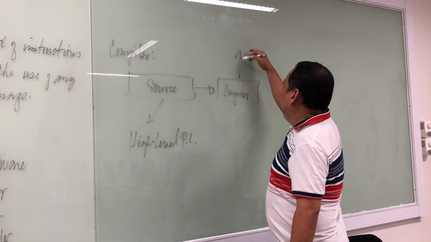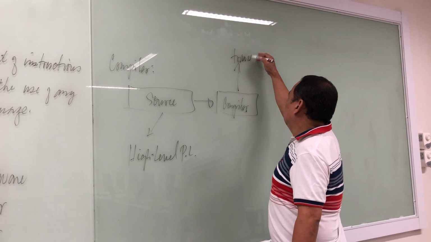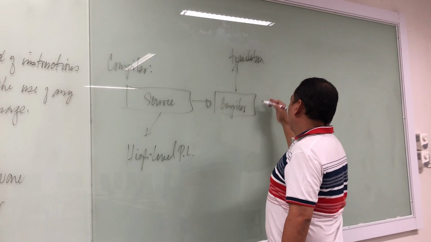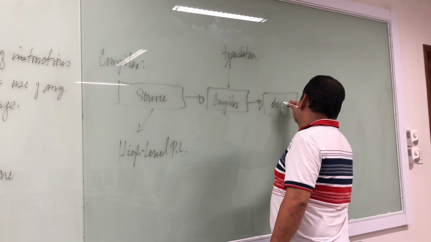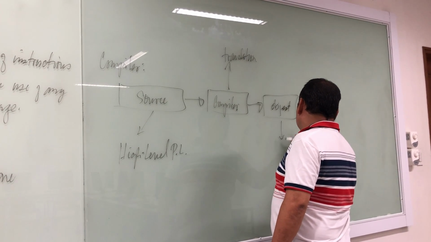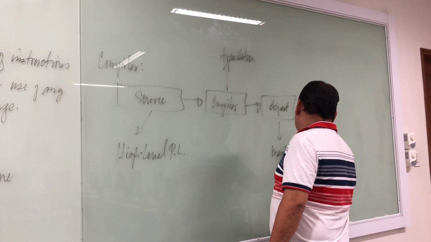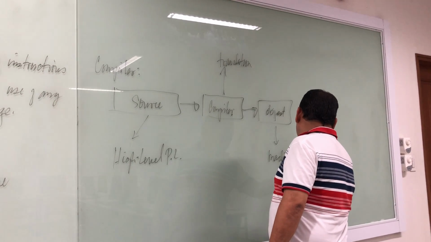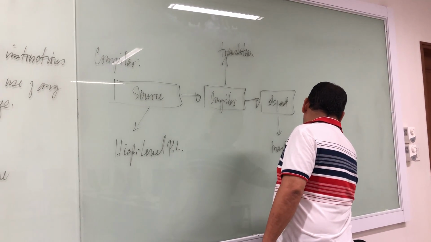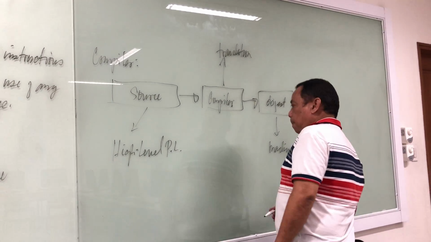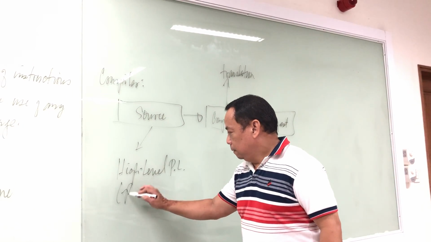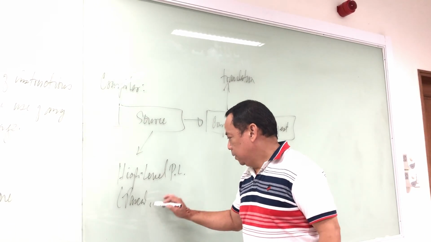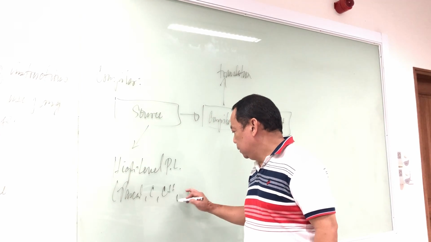This is our translation, and the target is the object program, which is in machine language. Okay? So high-level programming languages, for example, Pascal, C, C++, Java.